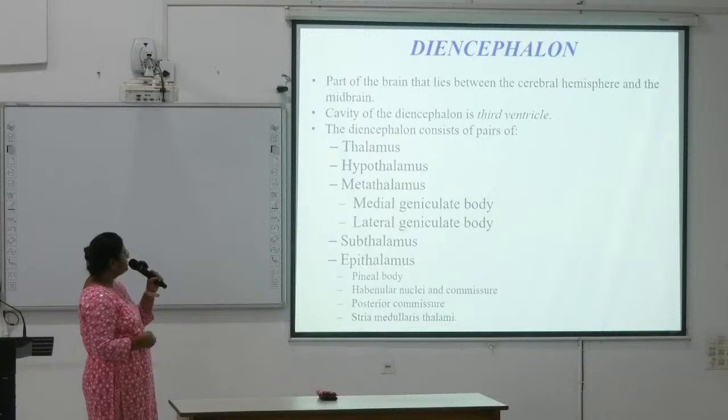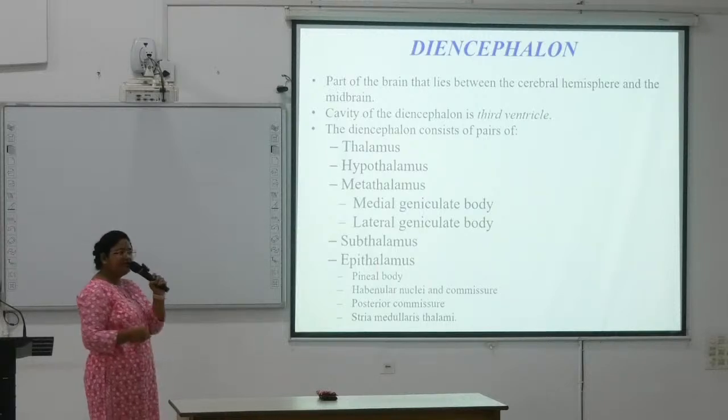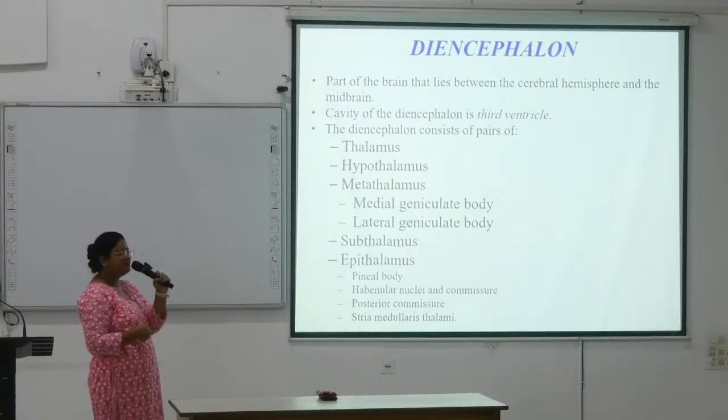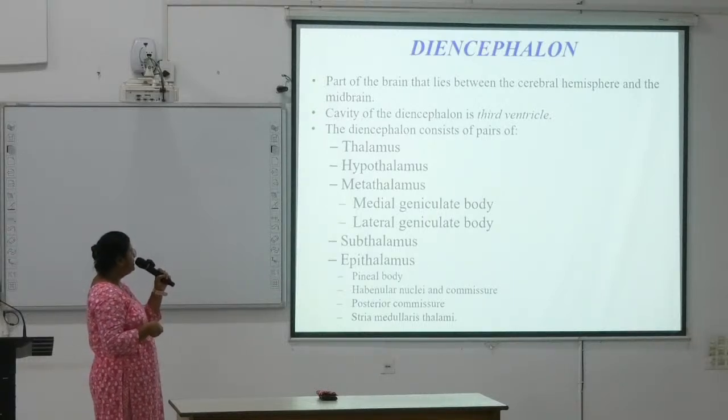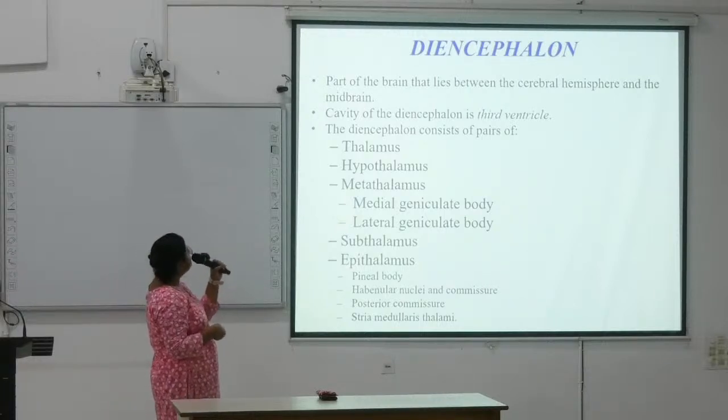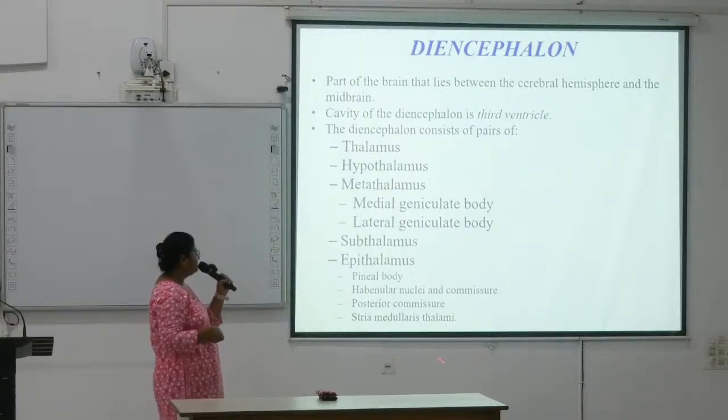So these are the structures forming the epithalamus. So today we will discuss thalamus. Metathalamus consists of these two structures, medial and lateral geniculate body, and epithalamus consisting of pineal body, habenular nuclei and commissure, posterior commissure and stria medullaris thalami.